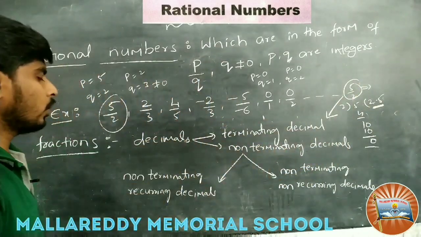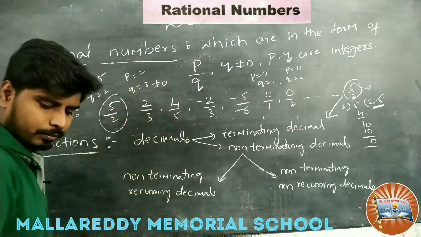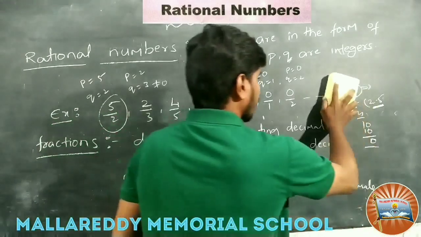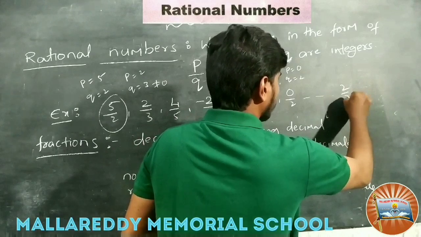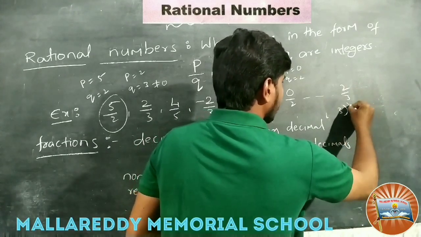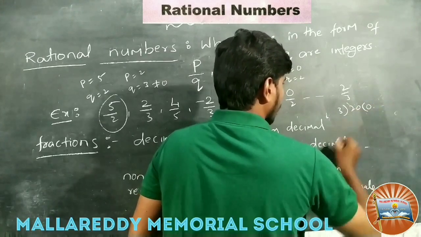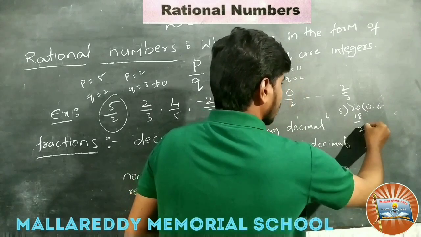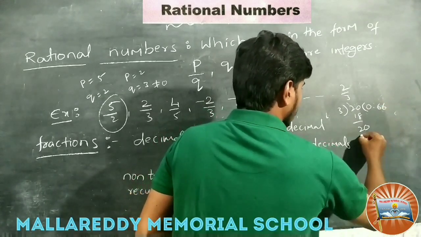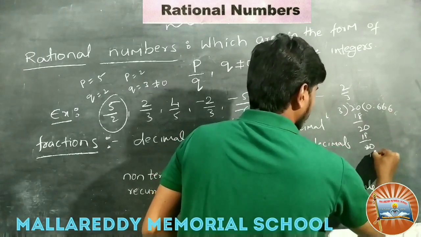Coming to non-terminating decimals, look at the example, this 2 by 3. Dividing 2 by 3, take a point here. Here it is 0. 3 6s are 18. Again remainder 2. 0, 6, again 2 remainder, 0, 6, 18, 2.